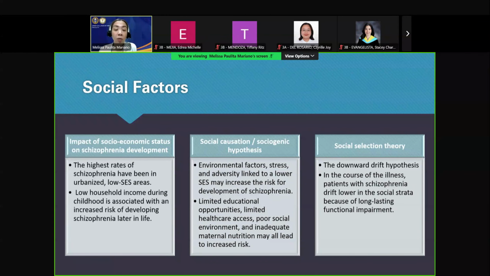So people with schizophrenia tend to drift lower in the social strata because of their functional impairment. Of course, both of these are likely to be correct. There could be a belonging to a lower socioeconomic status, developing schizophrenia, and then being unable to rise up out of that lower socioeconomic status.